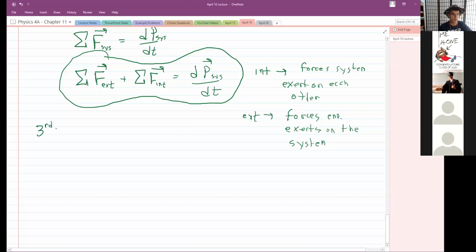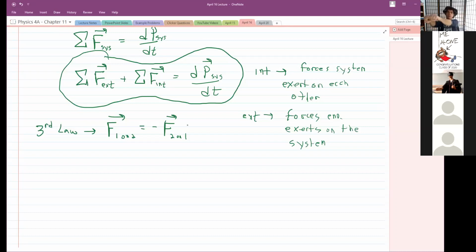Newton's third law was basically for every action, there's an equal and opposite reaction. Or in terms of 2 particles acting on each other, it basically says the force of 1 on 2 equals negative the force of 2 on 1. What this means is that if I look at a system and I add up all the internal forces acting on the system, they have to add up to 0 by Newton's third law.